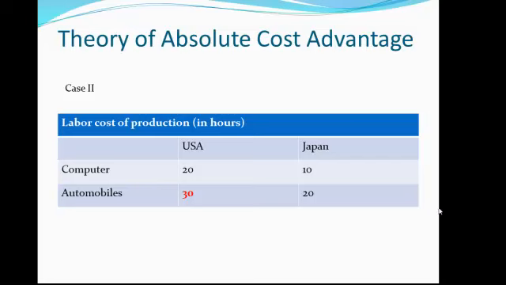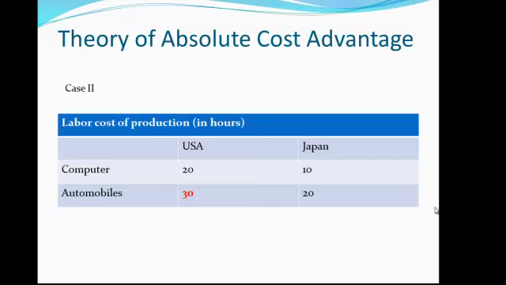Now, to determine the extent of trading gain, a particular ratio called domestic exchange ratio, or DER, is used. The domestic exchange ratio for Japan is 1:2, which means Japan must give up 2 automobiles to make one computer.